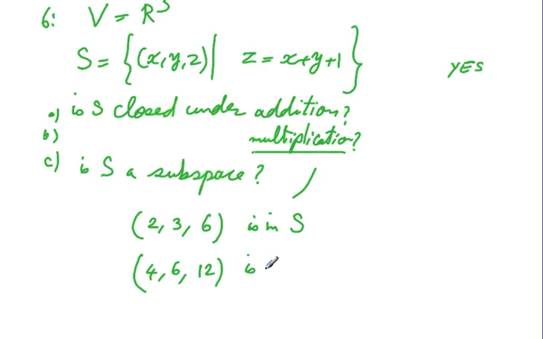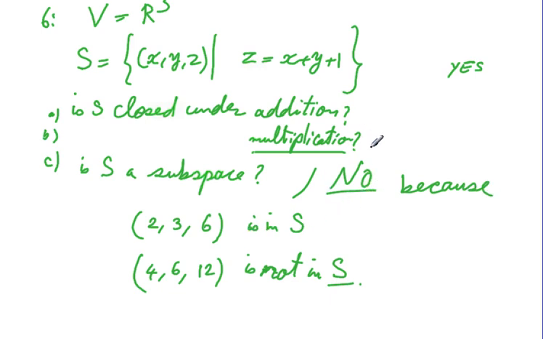So this one is not in S, because it just doesn't subscribe to that format. So already we have an answer to C. What's our answer? No, because this is a proof for it. Why not? Because it's not closed under multiplication.